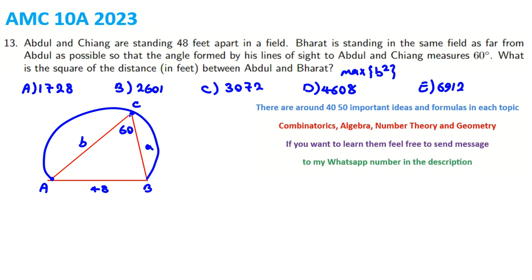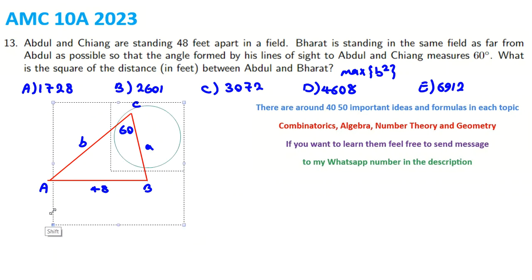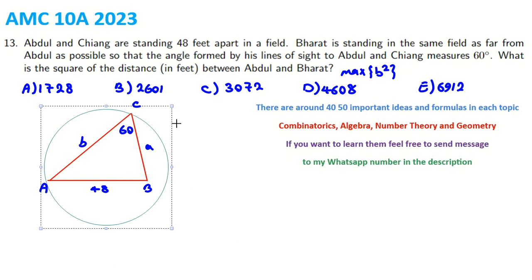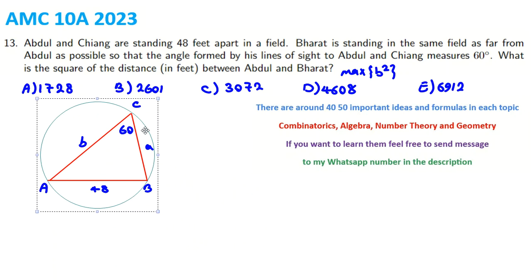We want to see for which CB will be maximum, okay? Now, if I want to draw the real circle, it will be something like this one, a bit smaller. This, okay. C should be here.